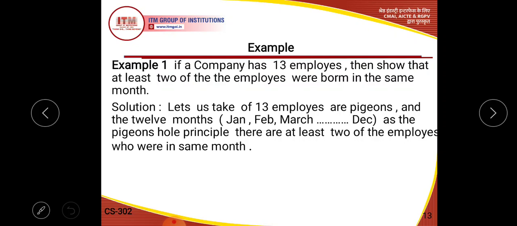It is quite understandable. If a company has 13 employees, then at least 2 of the employees were born in the same month. So this is the example based on the pigeonhole principle.